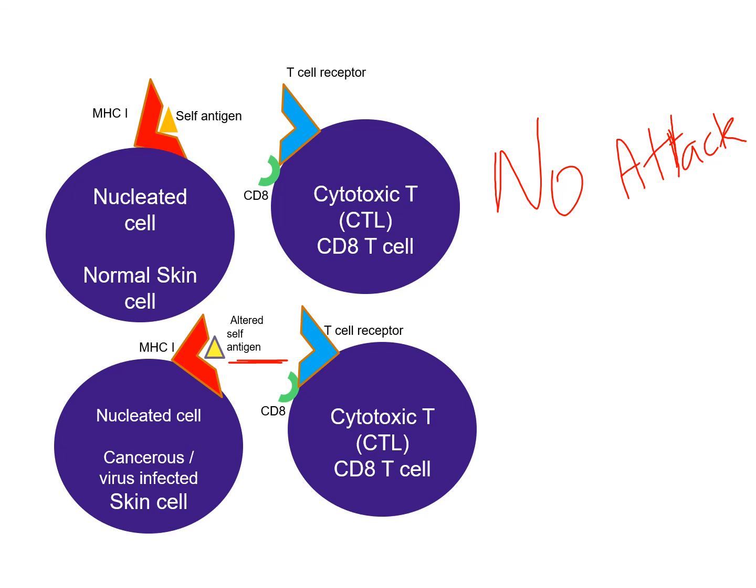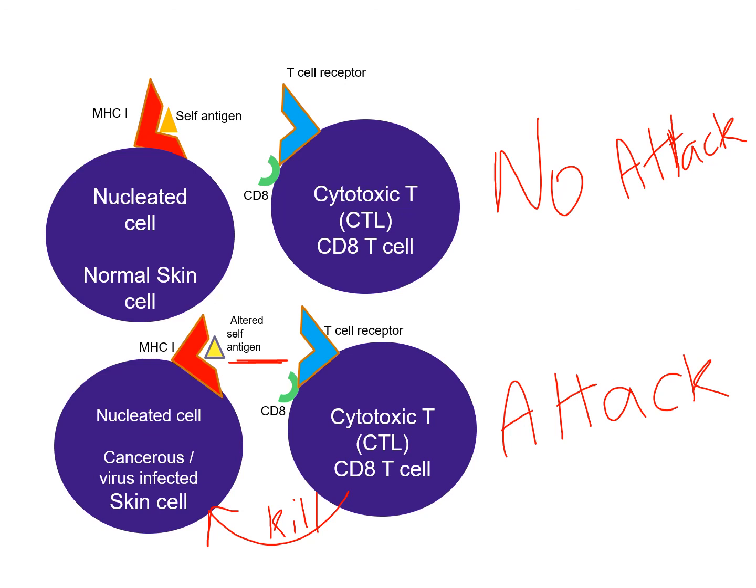And the T cell receptor is going to bind with the MHC receptor, so there is going to be contact between the two, and the cytotoxic T cell is going to go ahead and attack. Actually, it's going to kill this infected cell right there.